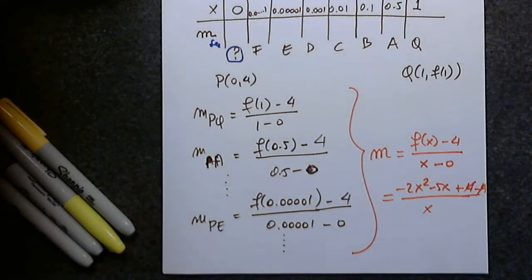So when I plug in 1, I get a number. When I plug in 0.5, I'm closer now. You understand now Q is closer to P. Initially it was 1 unit away. Now it's at half a unit away. Now we're going to determine the slope with a point closer, and then a point closer, and then a point closer, and then closer and closer.